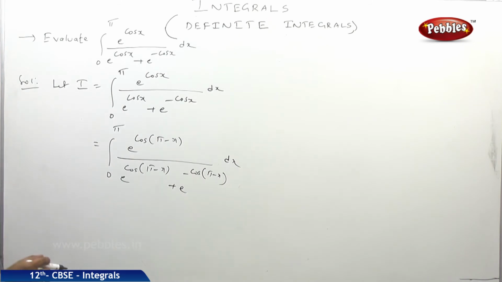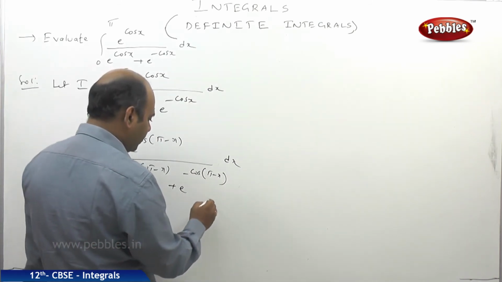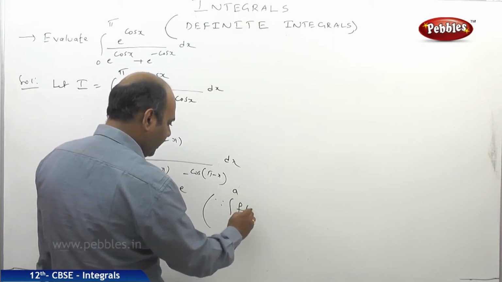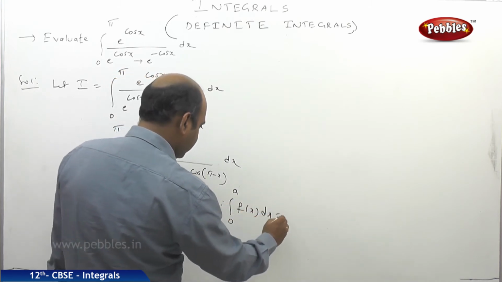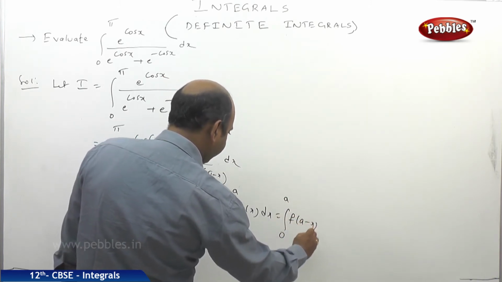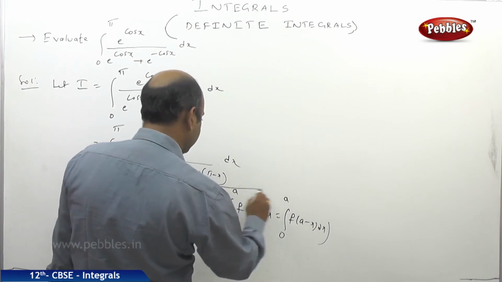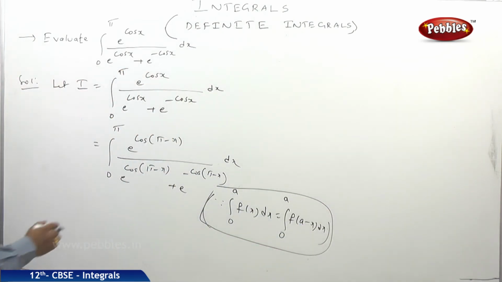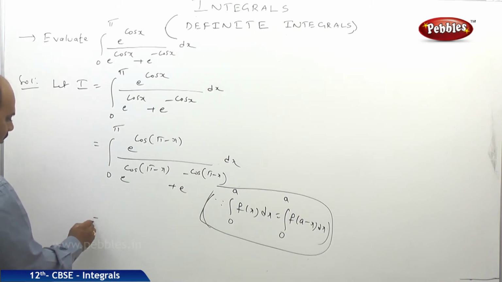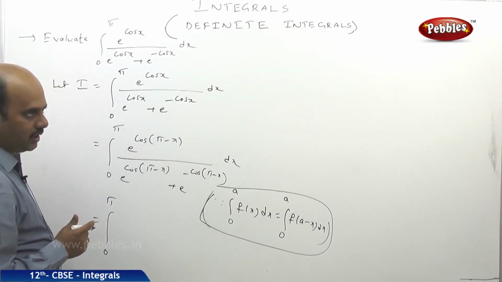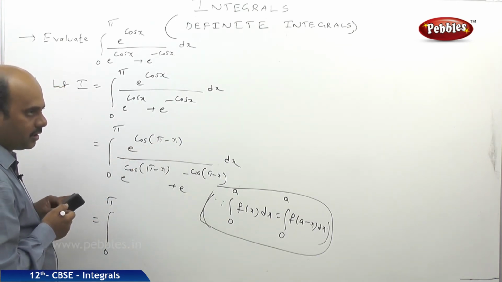I think by this time you should get an idea what property I applied. Integral of 0 to a f of x dx is equal to integral of 0 to a f of a minus x dx. This is the property I applied over here. So finally what happens? Integral of 0 to pi cos of pi minus x, it is looking like cos of 180 minus theta.